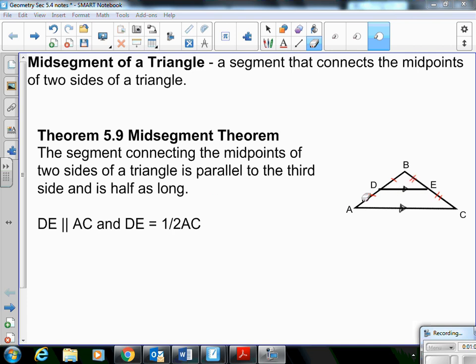This theorem tells us that DE, since it's connected to these two sides, is parallel to the third side, AC down here. And it's also half the length of AC. So if we know the length of AC, then DE will be half of that length. Or if we know what DE is, then AC is going to be twice that length, depending on which way you look at it.